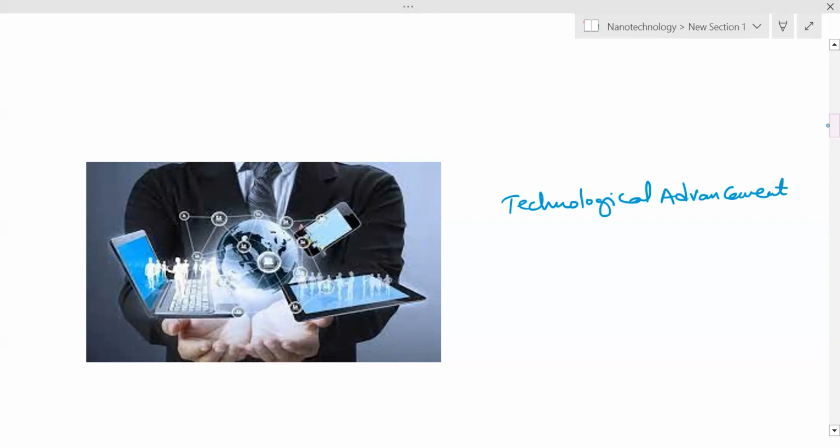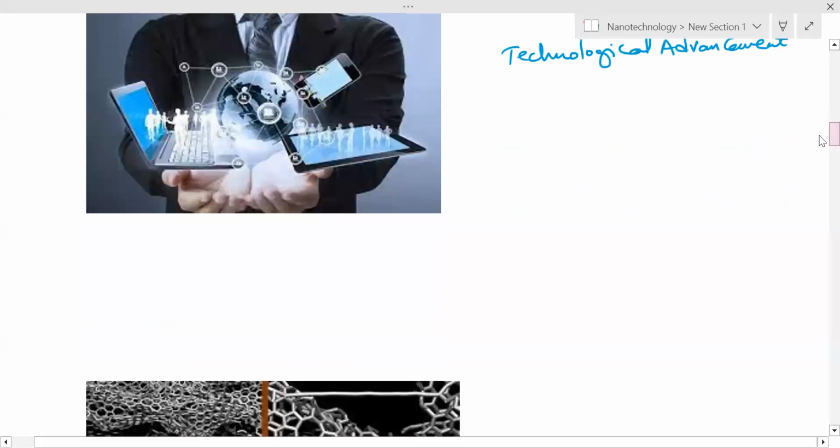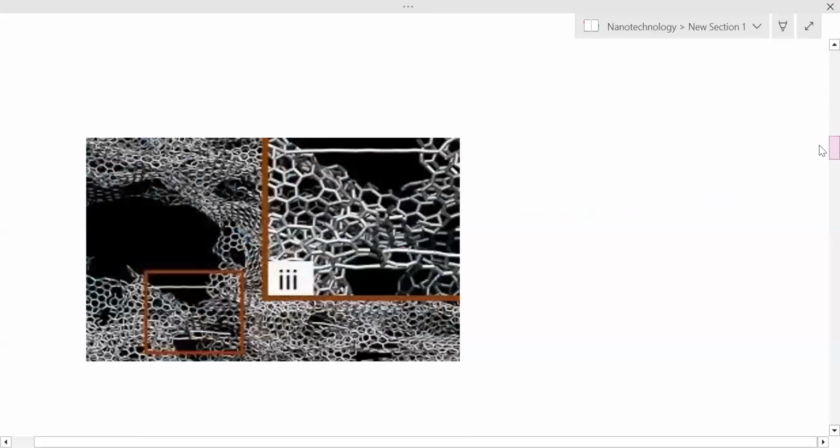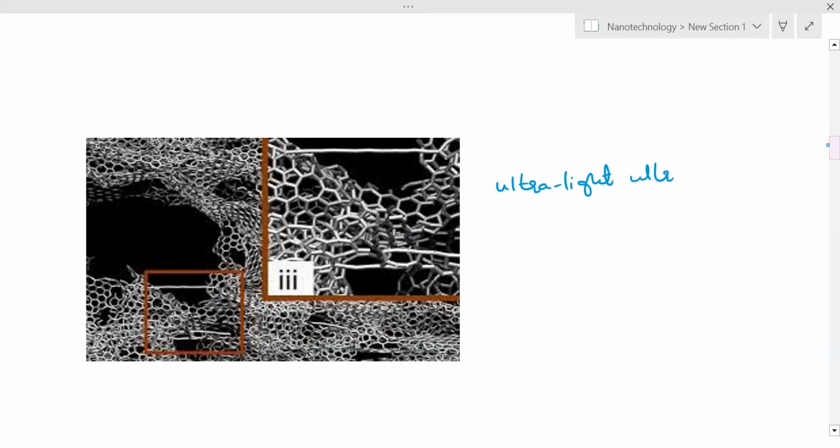With that, we can achieve great technological advancement with the new properties of nanomaterials. One such application is that, using nanostructures, we can design ultralight, ultrastrong multifunctional materials.